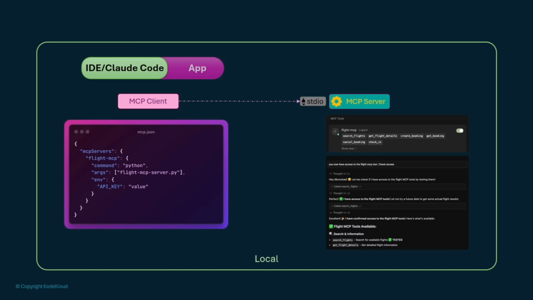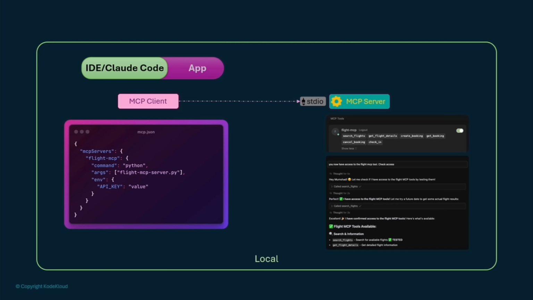Provide the command and arguments to start the MCP server. Environment variables can be passed through if necessary. And when this is configured, these IDEs start an instance of the MCP server in the standard I/O mode. Standard I/O is the simplest and fastest way for two local processes like Cursor or Claude and your MCP server to talk to each other without needing HTTP or sockets.